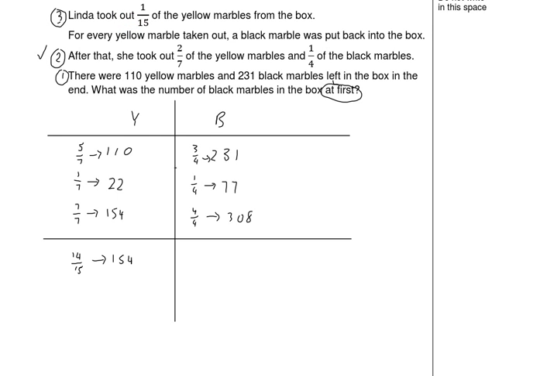So after I return, right? The 14/15 is 154, right? She took out 1/15, she will be left with 14/15, right? And from this 14/15, she will take out the 2/7, right? So everyone is okay with this 14/15 equals 154?